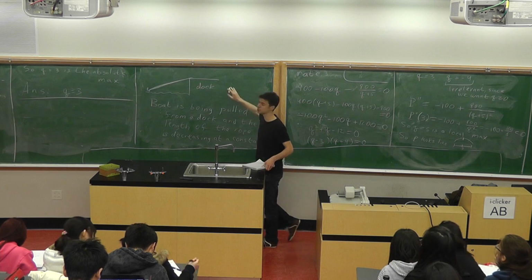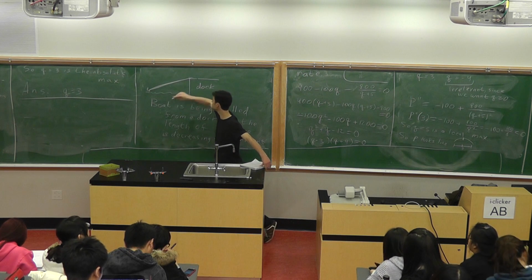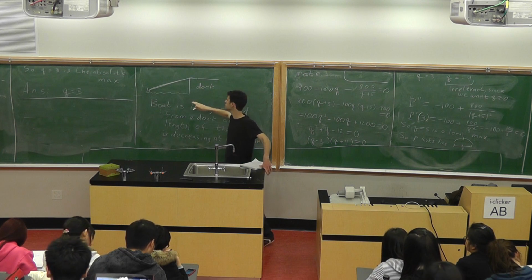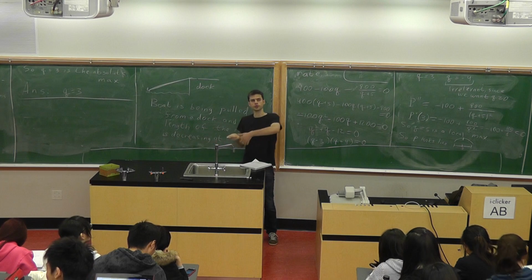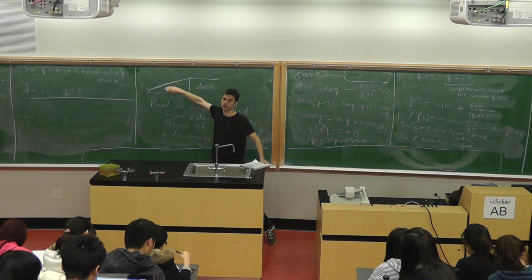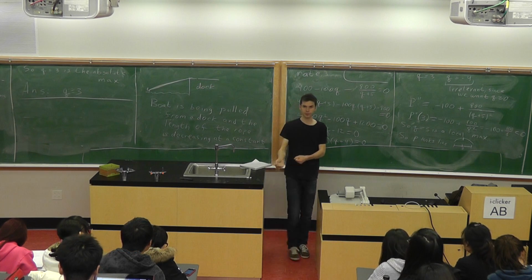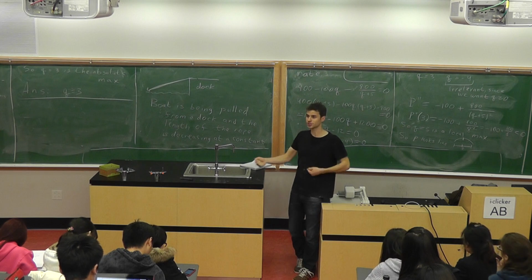Okay, so the question is as follows. You have a boat somewhere in the sea, you have a dock which is above the sea, and you pull the boat using a rope. And what's given is that the rate of change of the length of the rope is constant. So we are pulling it at a constant rate.